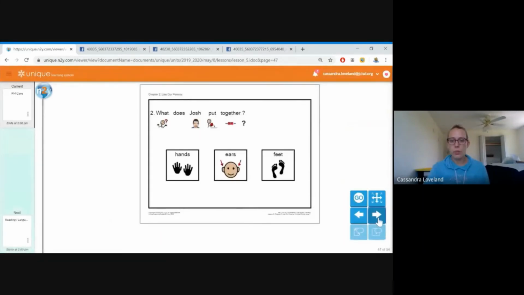What does Josh put together? Does he put his feet together? Yes or no? No. Does he put his hands together? Yes or no? Yes. He puts his hands together to see which thumb goes on top, and he finds out that him and his mom are alike that way.